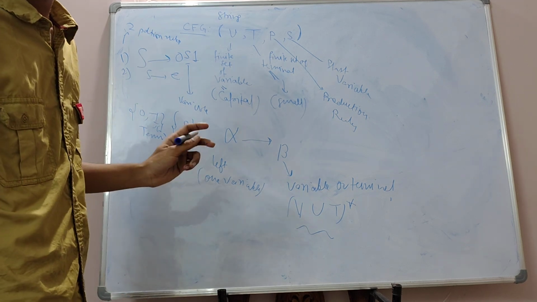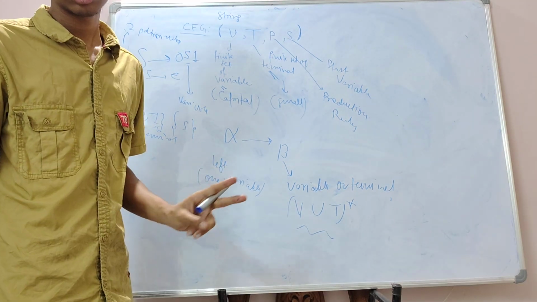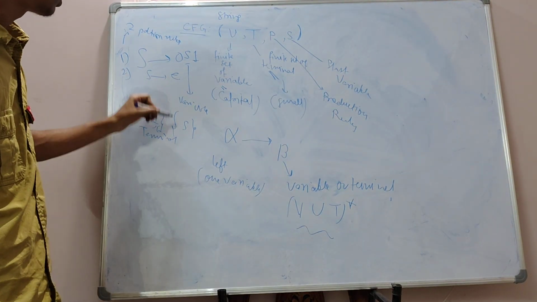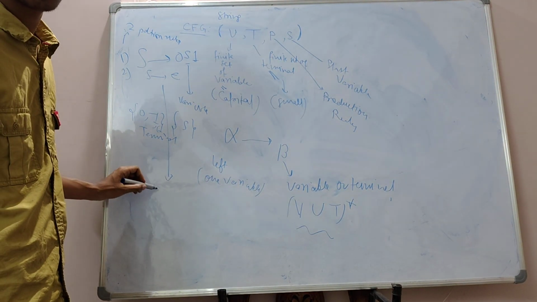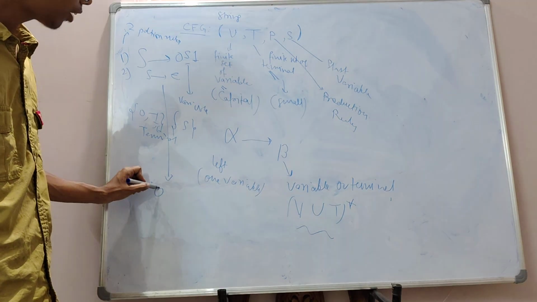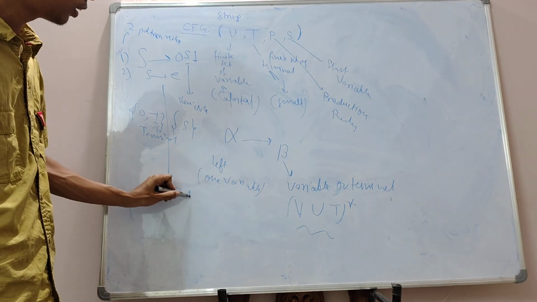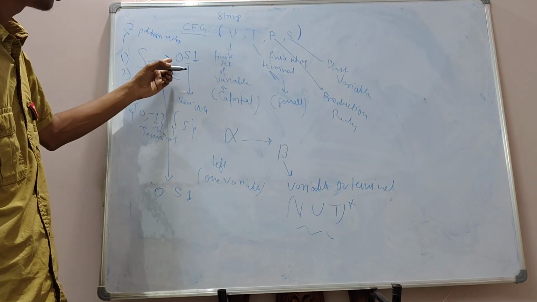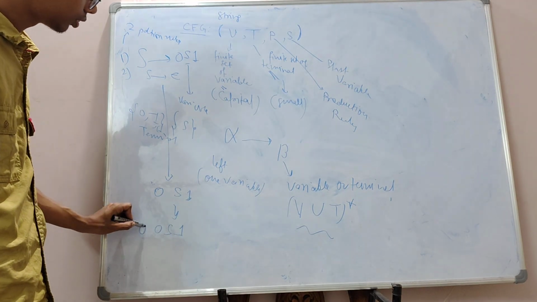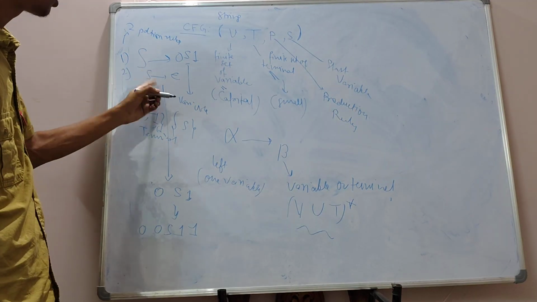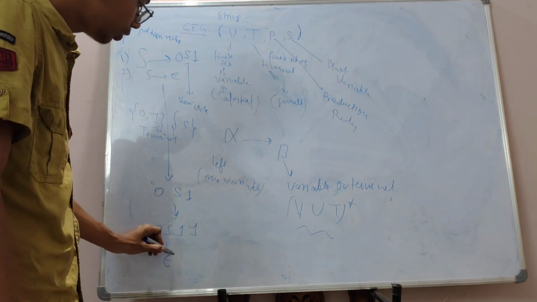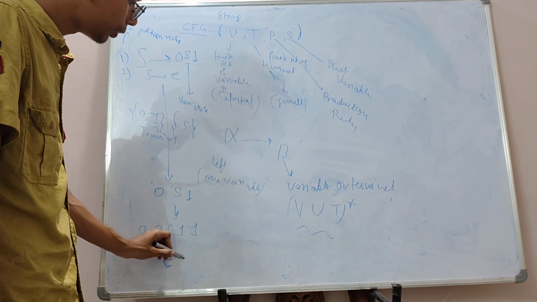Then let's take an example. As S is a variable, I can write it as 0S1, and in that S I can insert 0S1 again, and suppose I terminate it with lambda. I use epsilon or lambda for termination.